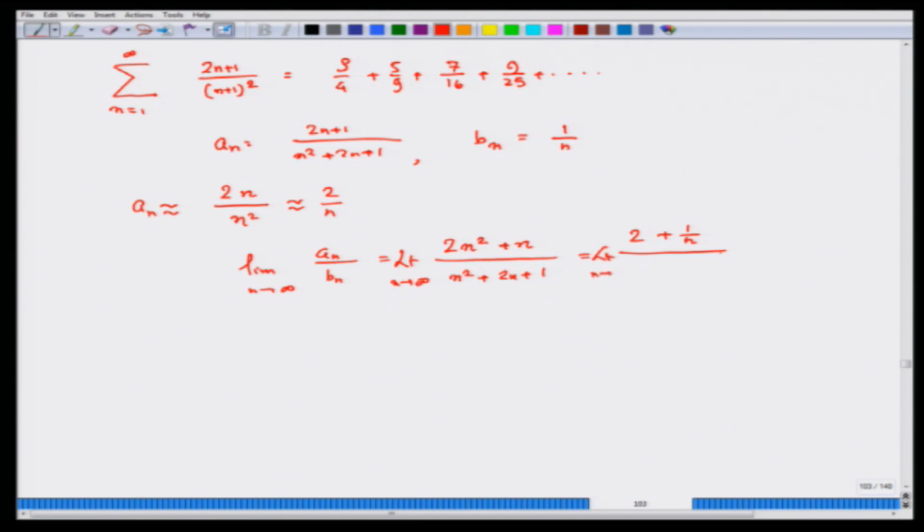It will become 2 plus 1 by n, over 1 plus 2 by n plus 1 by n square. So, the limit actually gives me 2. So, the limit is C, which is strictly bigger than 0. Which means summation An and summation Bn both diverge and converge together, but summation Bn already diverges. So, we can now conclude that summation An diverges.